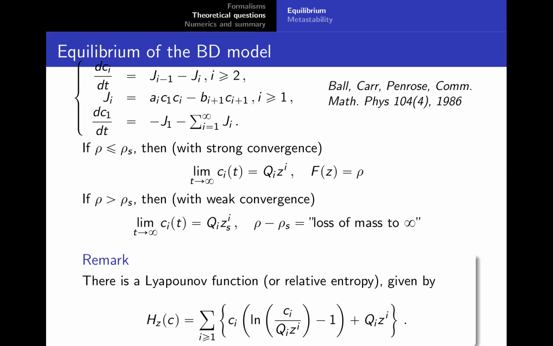And actually, for supercritical conditions, we have no continuity property in strong norm. So we have to work in a weak topology and work a little bit. But in a sense, the trajectory will minimize the Lyapunov function and converge to the unique minimizer of the Lyapunov function, although it will be in a weaker topology than the one we would originally have chosen in a finite dimensional chemical reaction network.